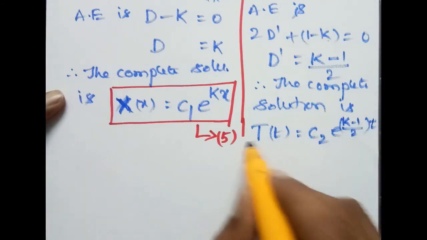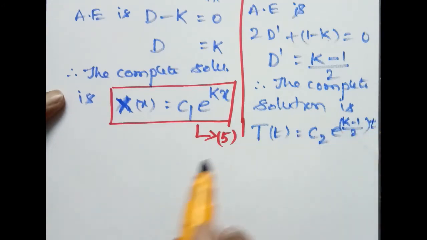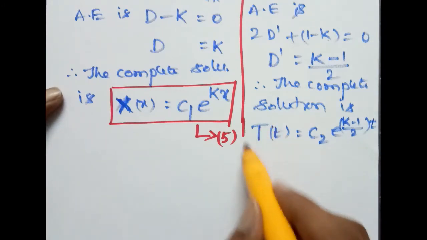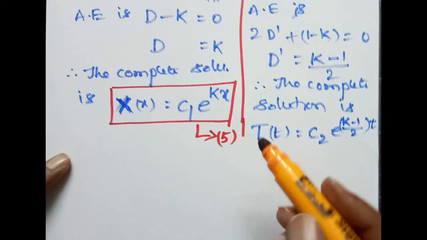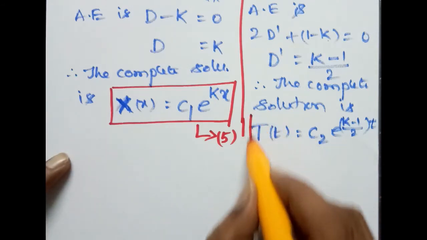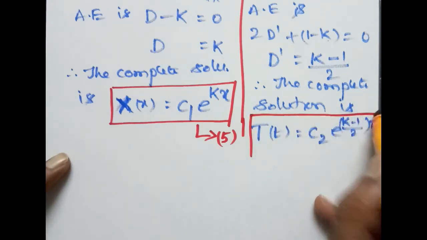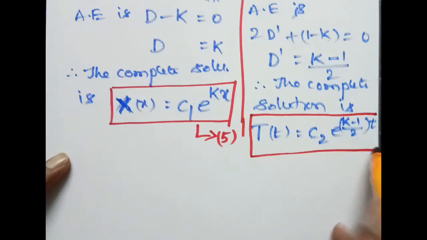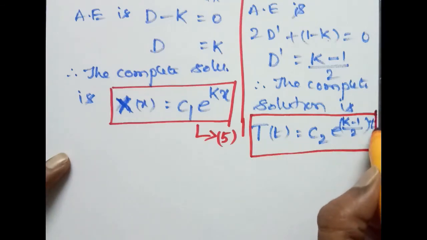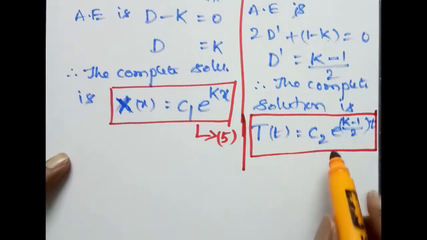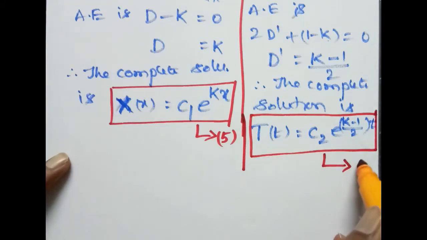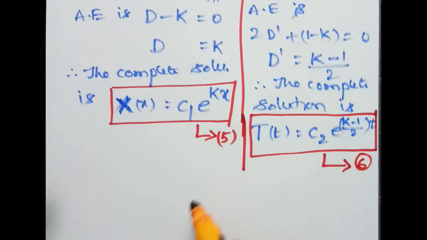Here capital T is the dependent variable and small t is the independent variable. A solution is always a dependent variable in terms of the independent variable. Say this is equation number 6.